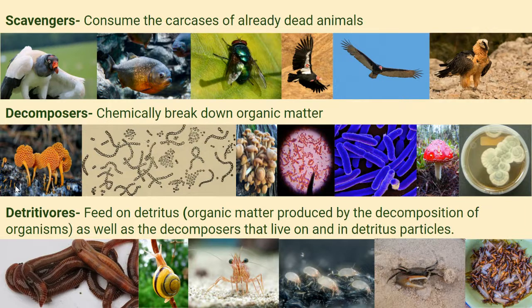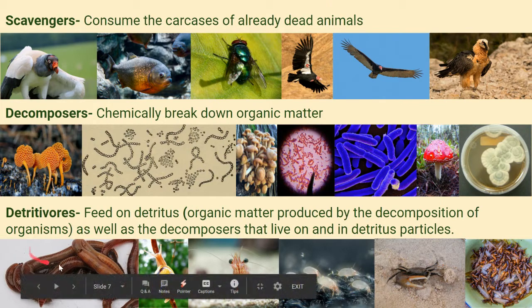They feed on detritus, as well as the decomposers that live on in the detritus particles. So if any of these fungi or bacteria are still in this detritus, the detritivores will eat them as well.